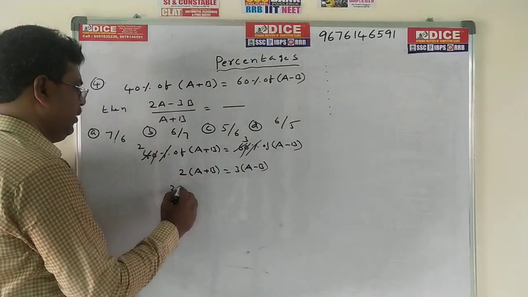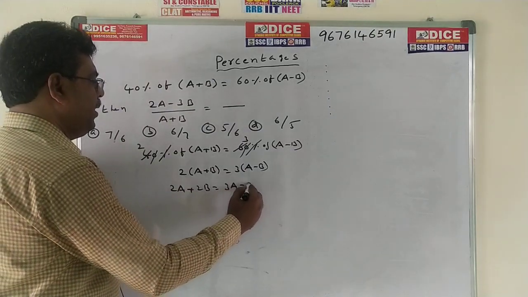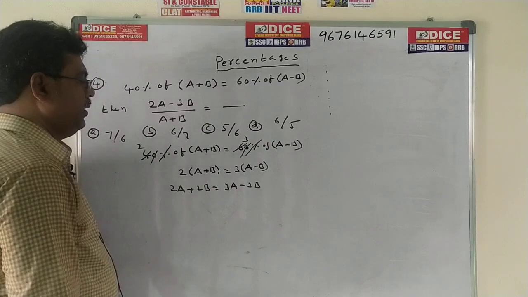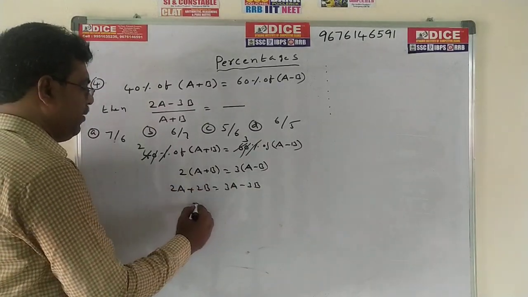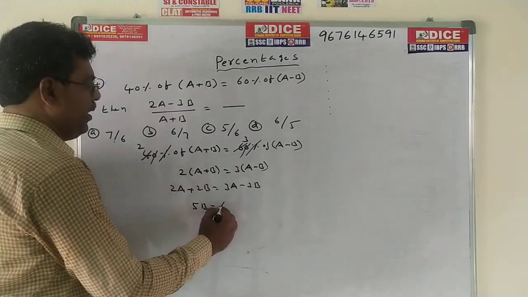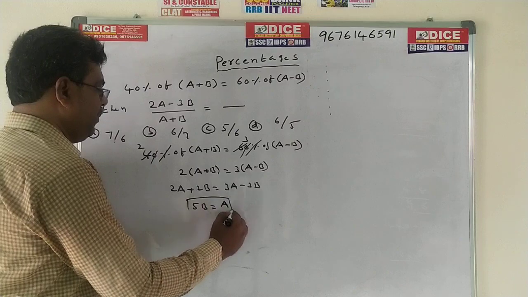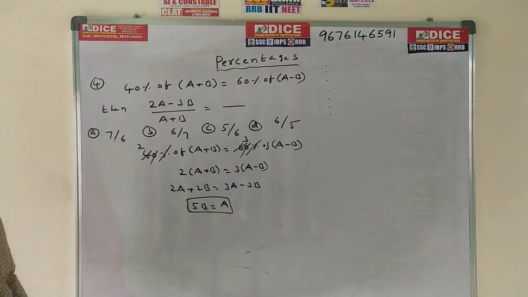Expand it, 2a plus 2b, 3a minus 3b. Send minus b this side, 3b that side. So minus 2b plus 3b, the value is 5b. Send it, that's 3a minus 2a. So finally a is equal to 5b is the condition.